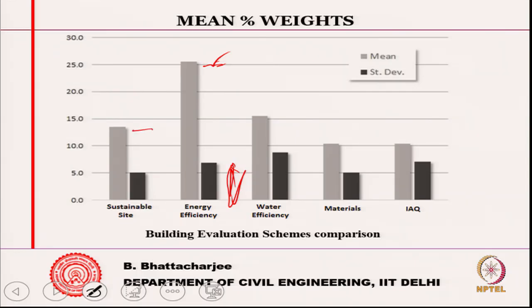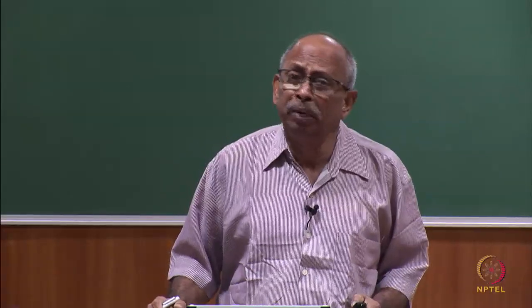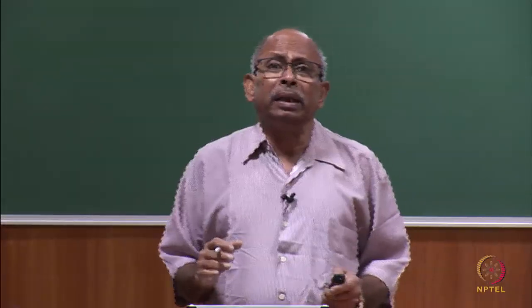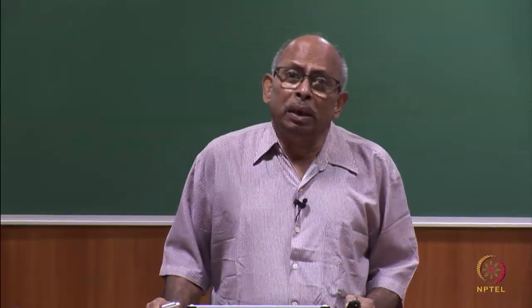Sustainable site average is around 12-13%, and water efficiency is around 15% and so on. So this shows us the variation. While the majority gives energy efficiency major importance, not every tool looks at it in a similar manner, because they are for different countries.